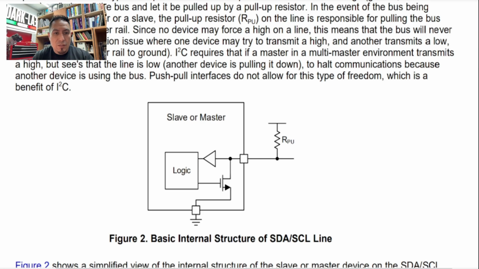Here we can see a logic block that controls the states and thus the communication, an open drain MOSFET transistor and an external pull-up resistor.